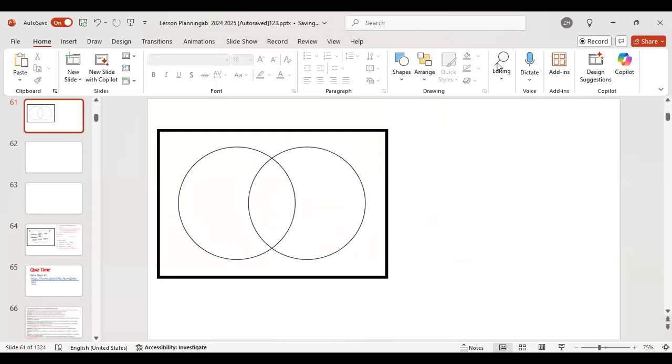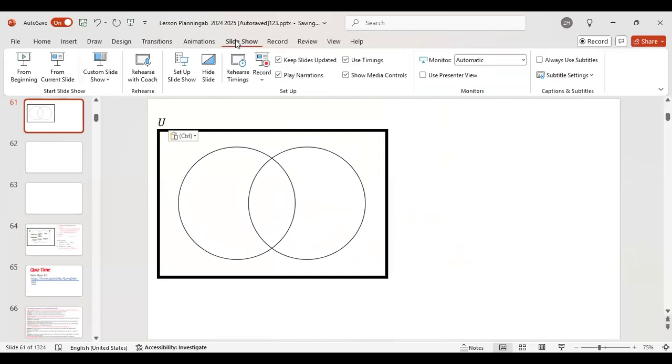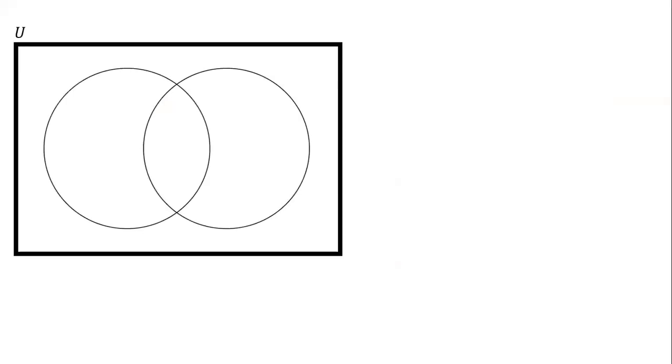Write this down. Now, there's another symbol for the universal set besides epsilon. We could also have this symbol, the U symbol, like a capital U. There we go. The capital U is also the symbol for the universal set.